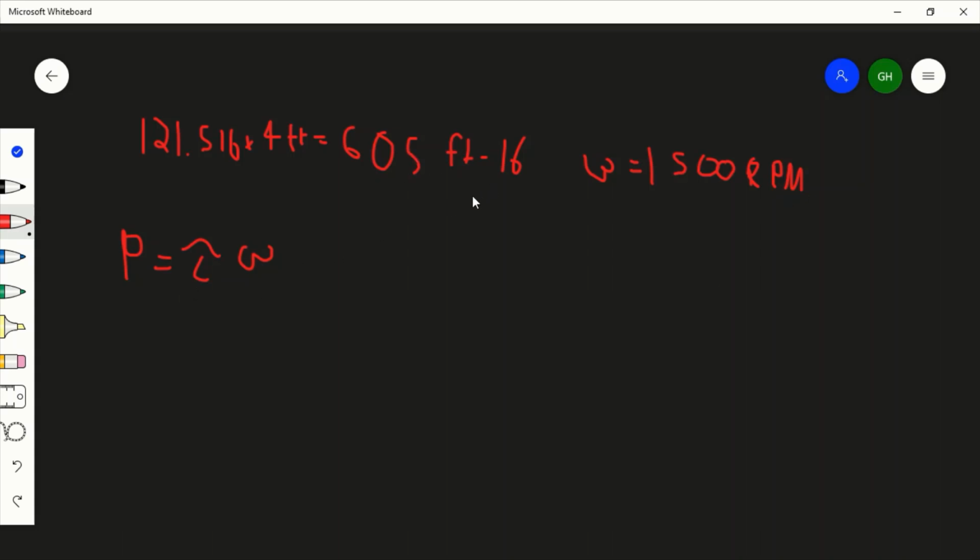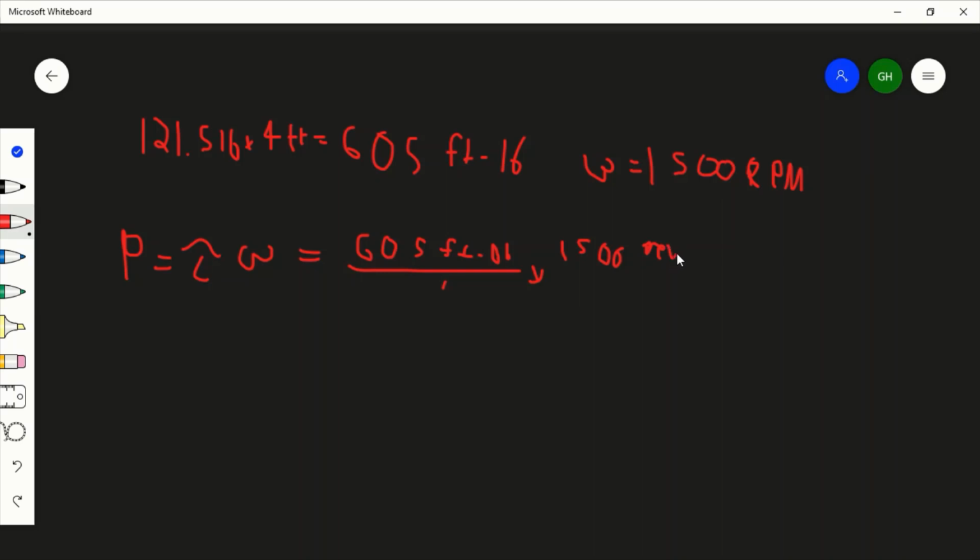And so now what we'll do is we will say that that is equal to 605 foot-pounds times 1500.